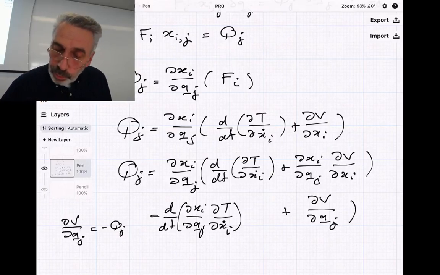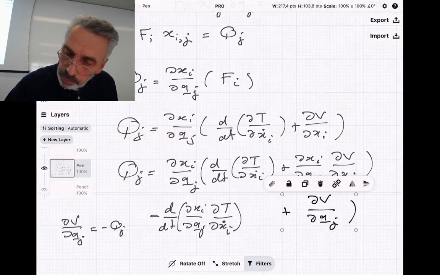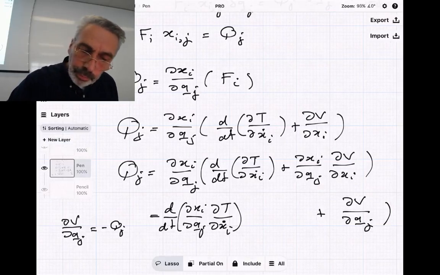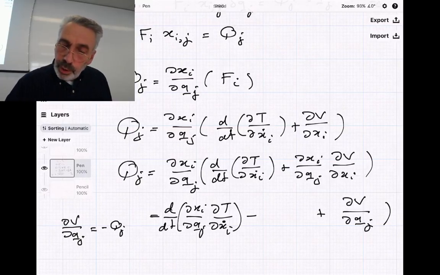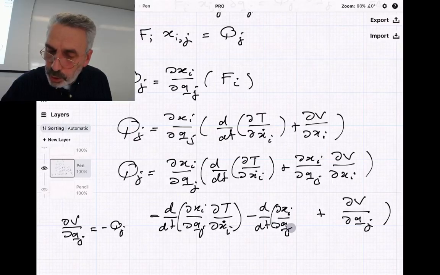So I have to subtract, and now comes the iPad handy. I have to subtract here a term being minus, and what do I do too much? Well, I do this too much: the d/dt of this, dxi/dqj times the d/dt of dxi.